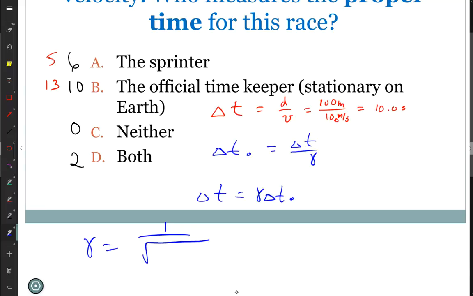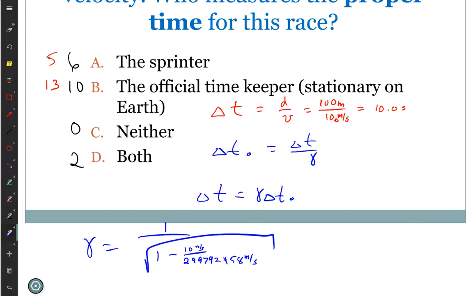1 over the square root of 1 minus 10 meters per second over 299792458 meters per second, squared. What do I get when I divide 10 by 3 times 10 to the 8th? A really small number, and if I square it, much smaller.